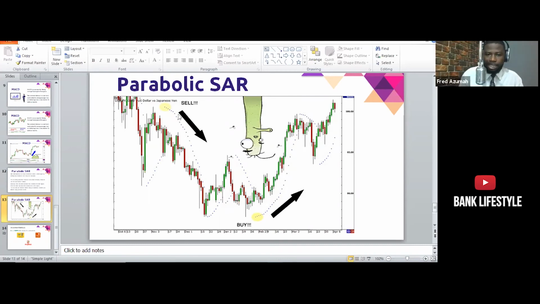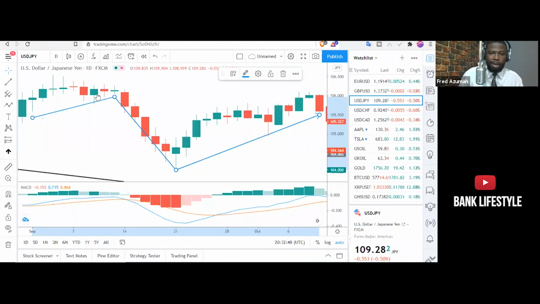Whenever you see a parabolic dot on top of the price or on top of the candlesticks, it means that it is pushing the price downwards. That means the price will be in a downtrend, or the price is going down. And immediately as you see that the parabolic has left the top of the candlestick to the bottom, it means a reversal could happen there. So let's go into the charts and you get to appreciate more of how the parabolic is used.